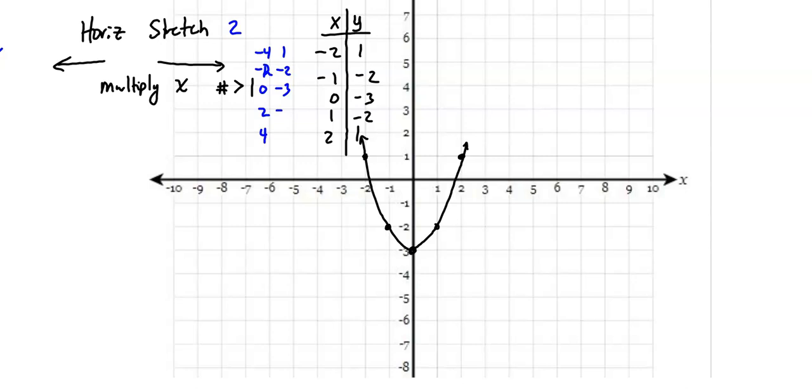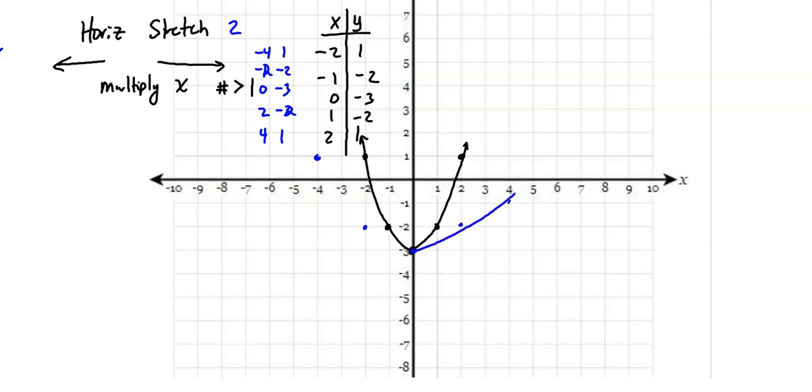The y's are pretty much going to keep doing their thing. So if I actually do it out, I'm going to go over -4, up 1. I'm going to go over -2, down 2. 0, -3, still chilling right there. Right 2, down 2. And right 4, up 1.